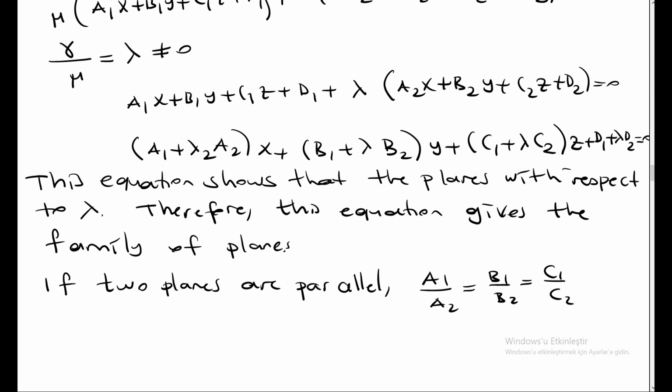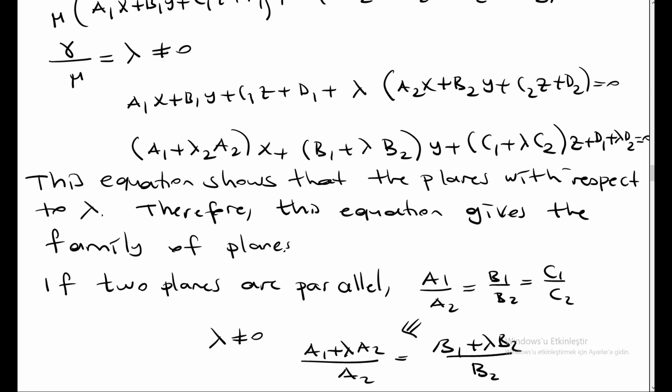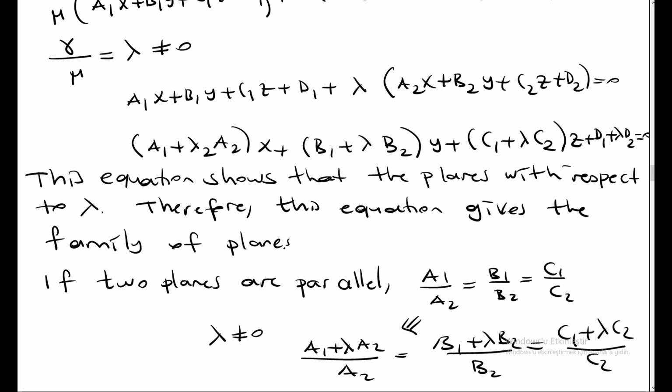But we know from this, for lambda not 0, you have A1 plus lambda A2 over A2 equals B1 plus lambda B2 over B2, and C1 plus lambda C2 over C2 will be the same.